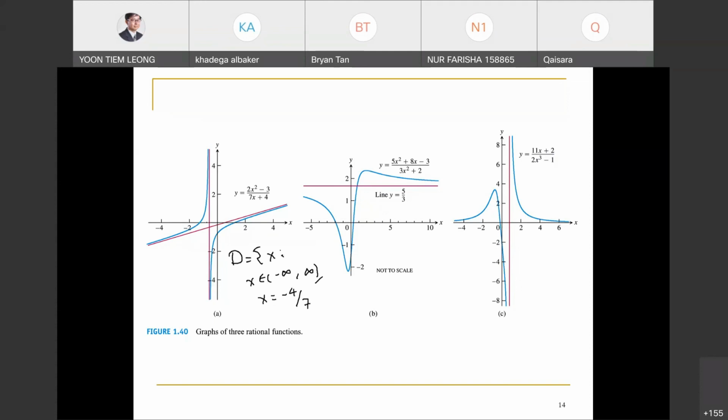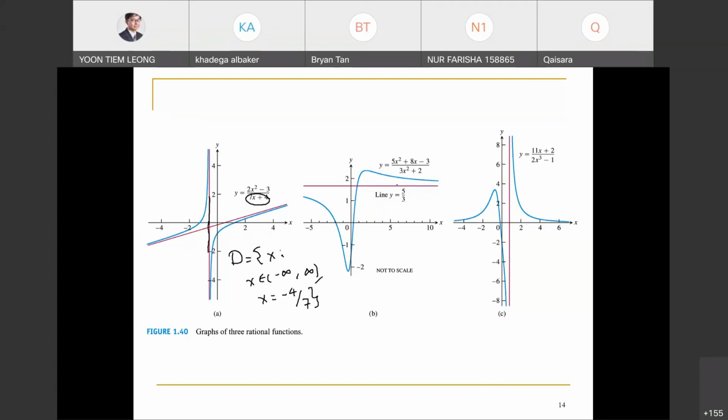Because if x is equal to minus 4 over 7, then the value of the function is going to be infinity. So this is the domain of a ratio of two polynomials, with the condition that the denominator polynomial cannot be 0.